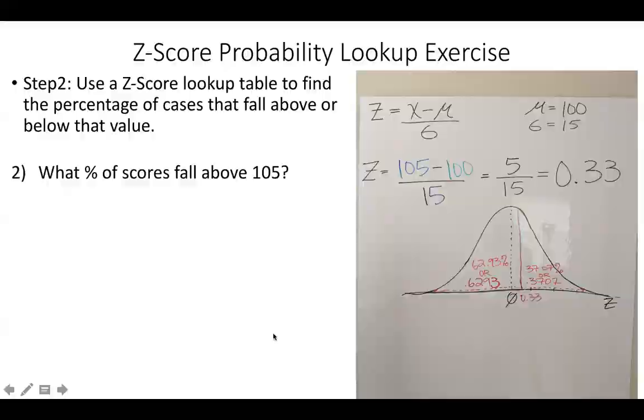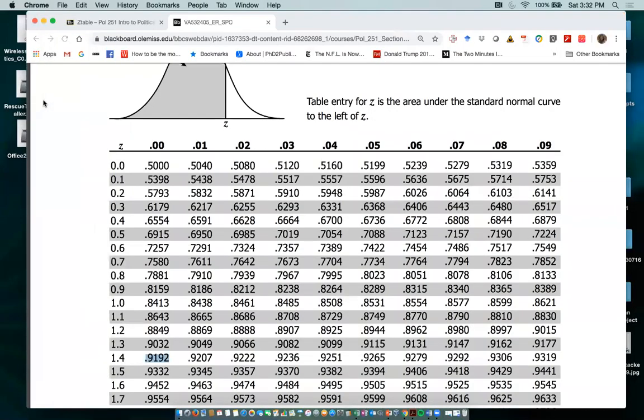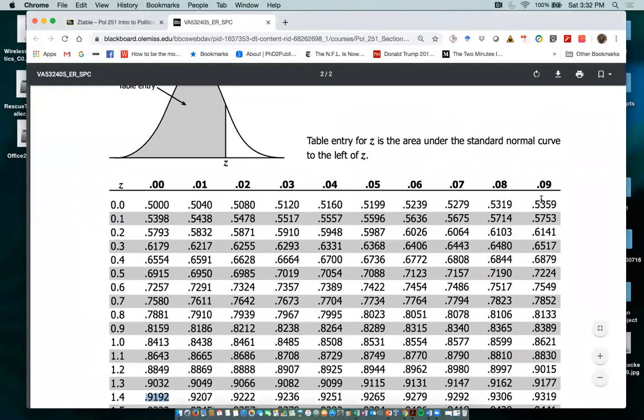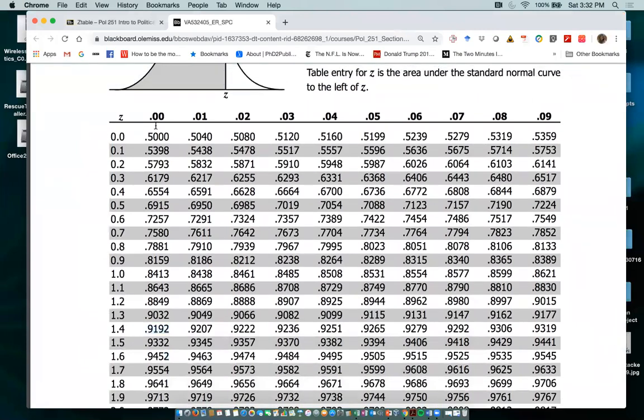I'm going to exit out of PowerPoint, go back here to my Z-score lookup table, and now I'm going to find 0.33. So let's see, we have 0.0. Here in this row, we have 0.3, and then we want to find the other 3 in the hundredths decimal place, and here we are.